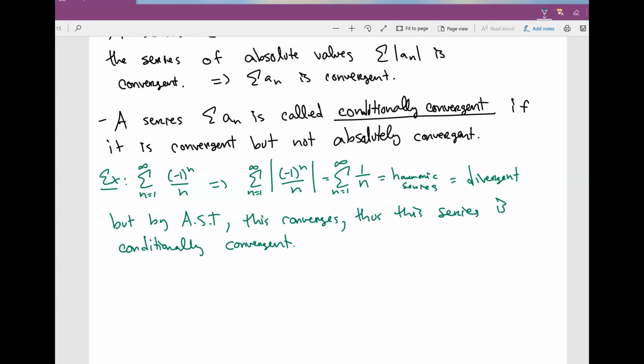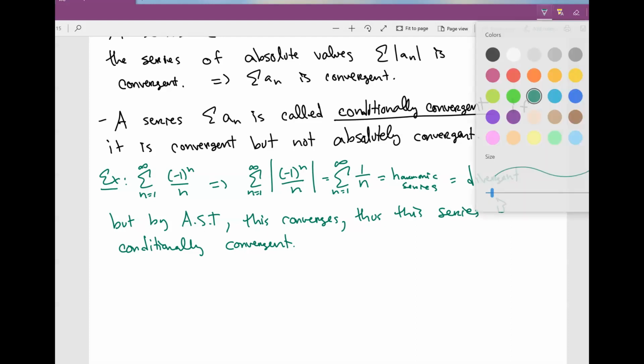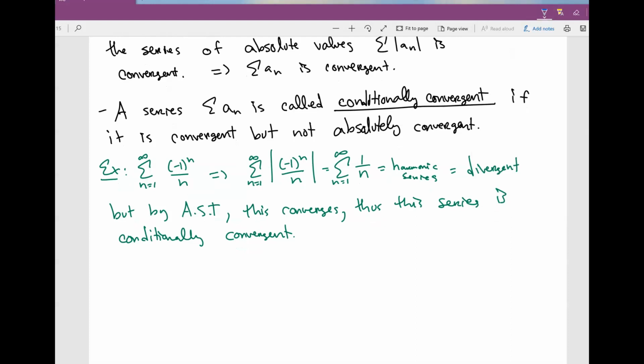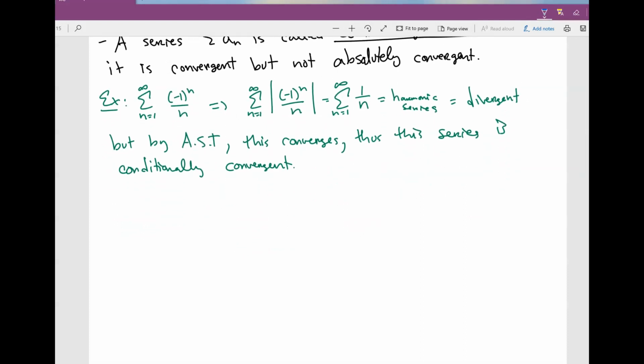Okay, so now let me give you an example of something that might be absolutely convergent. Let's say you have the sum from n goes from 3 to infinity of negative 1 to the n plus 1, times n plus 1 over n cubed plus 1. Now, is this going to converge? Well, let's see.